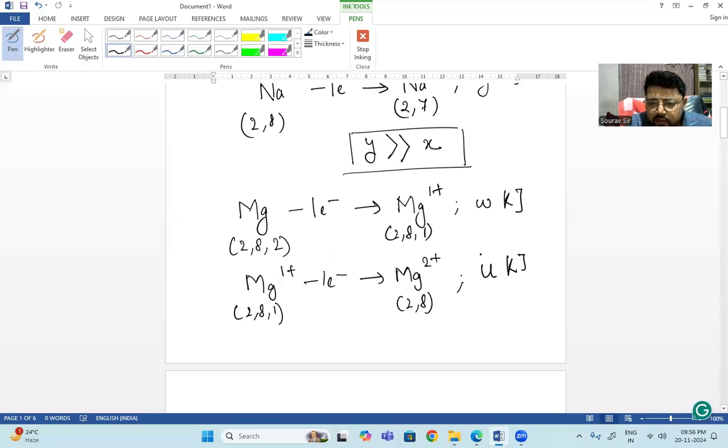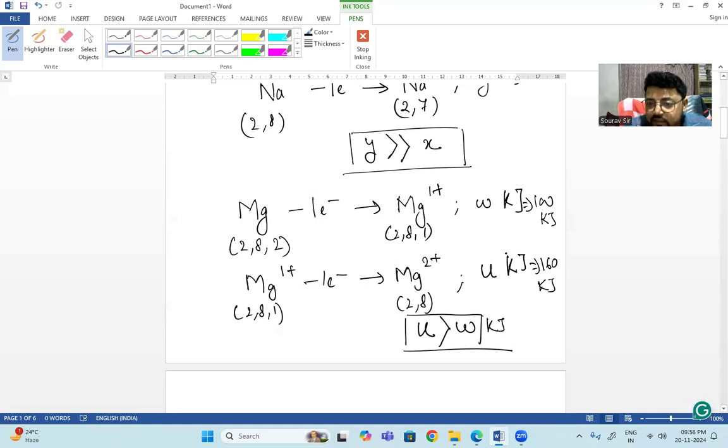Here, the second ionization energy U will be greater in magnitude than the first ionization energy W. In practice, U is greater than W. This is the practical case. If W is 100 kilojoules, I'm just saying, then U will be 160 kilojoules.